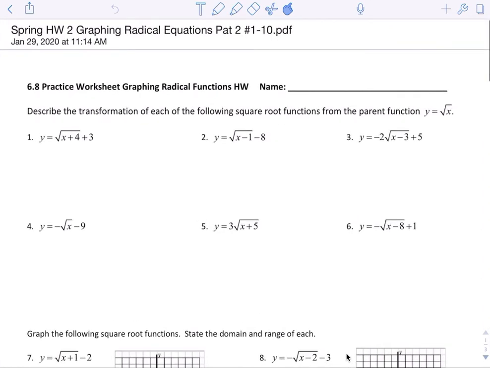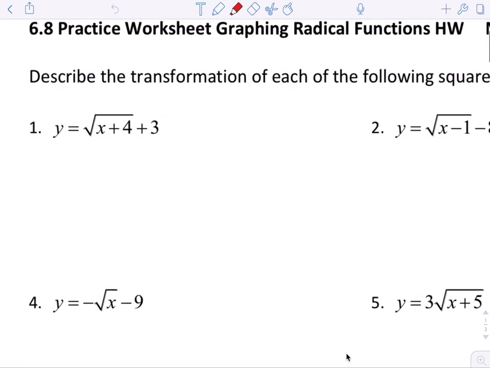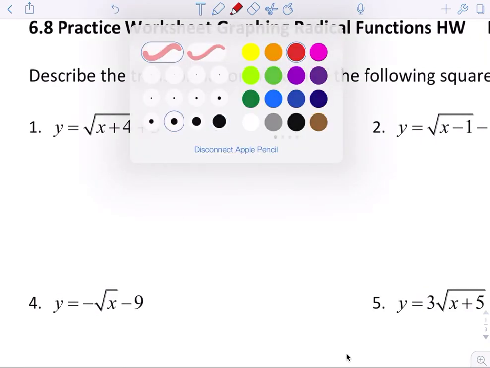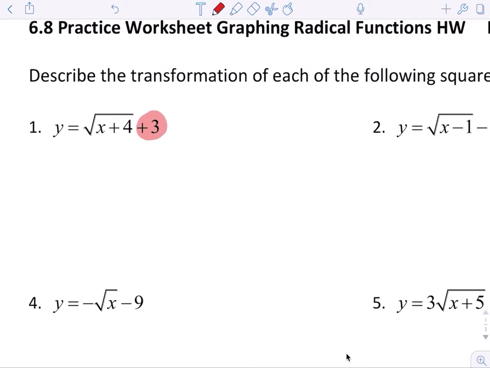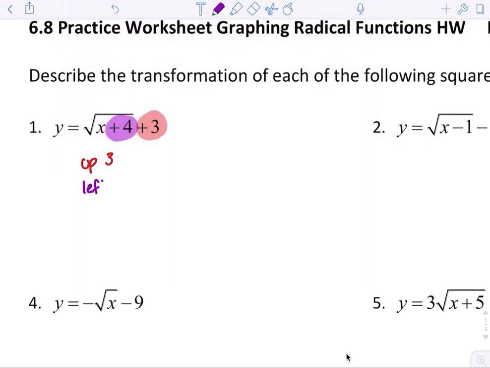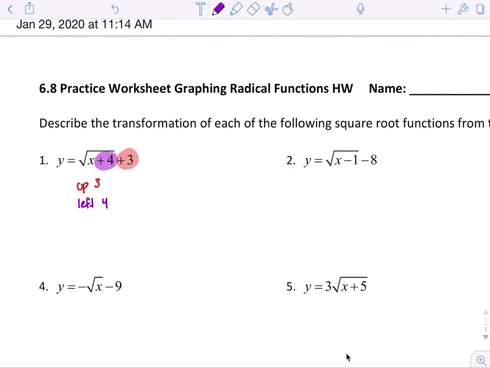Alright, describing your transformations. I'll color coordinate for this. So this, plus 3, means up 3. This is where you use your notes. Plus 4 would give you left 4.